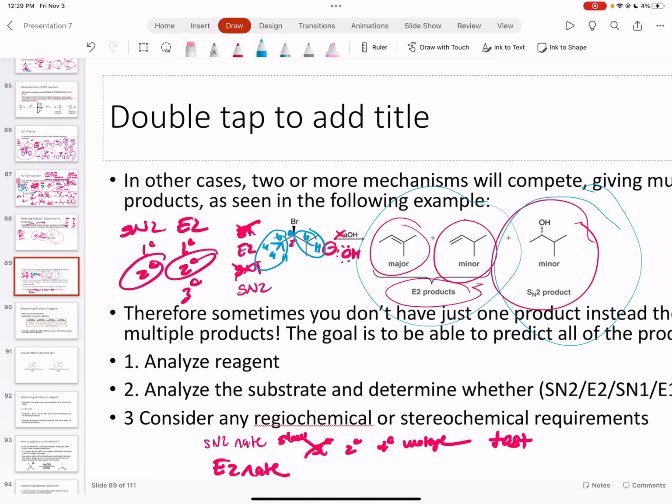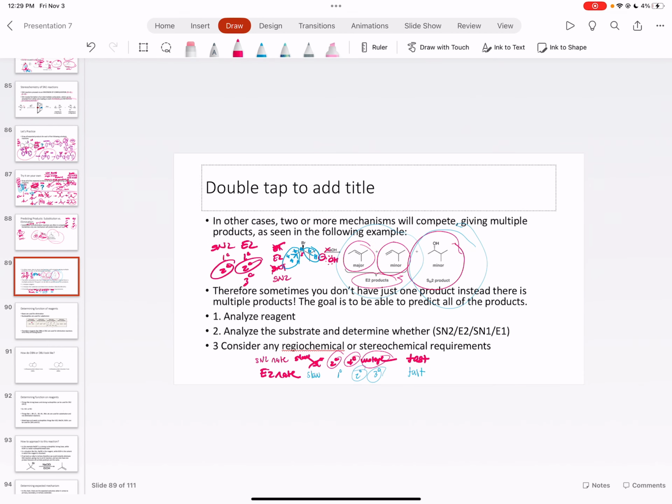While on E2, the rate technically goes from tertiary to secondary to primary, really fast to really slow. So you think about it, they're kind of like opposites. E2 is really fast on tertiaries and secondaries, while SN2 is really fast on methyls and primaries, then secondaries, and it technically doesn't happen on tertiaries. That's why, unless we have a primary halide, elimination products are most of the time going to be minor products over substitution reactions.